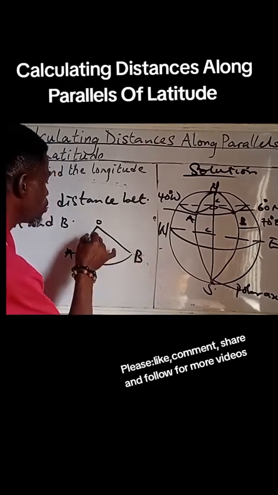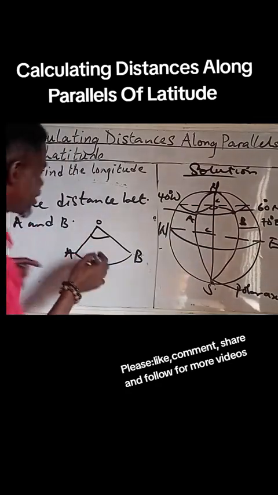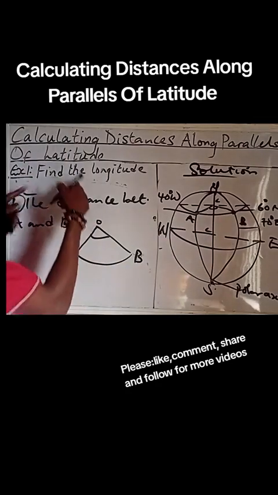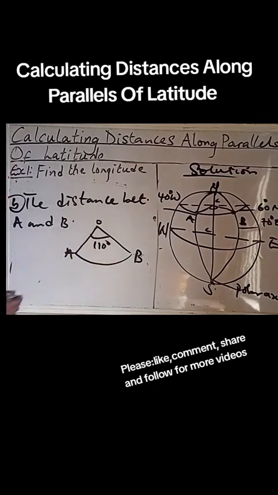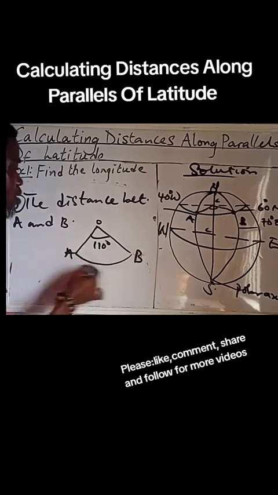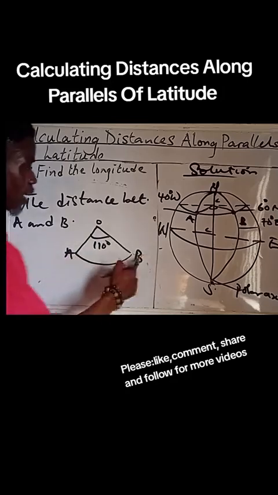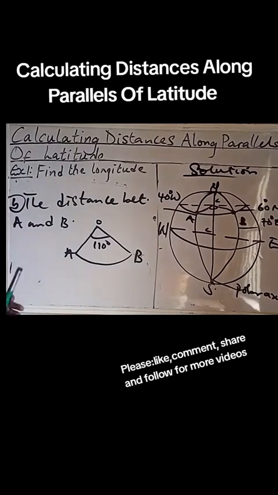Now, how do you know this side? Don't forget that the difference in longitude is 110. So we are asked to calculate the distance between A and B. How do we calculate that?